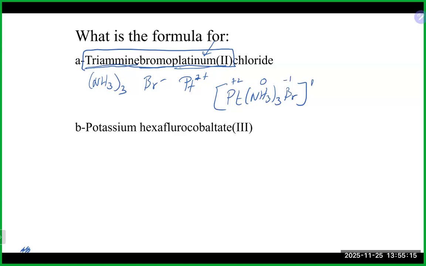That means if we just looked at the complex ion part, we will end up with a +1 overall charge. And that's important because this is our counter ion, and our counter ion in this case is chloride, which is -1. That tells us to get to 0, we need 1 of each. And that would get us something that looks like this, maybe.